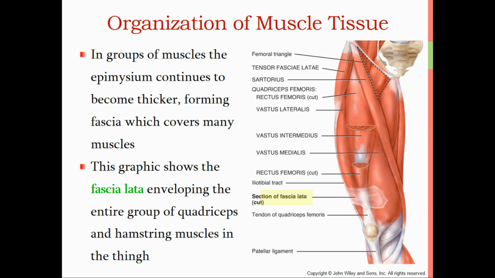And the four muscles that will make up your quads are your rectus femoris, your vastus medialis, vastus lateralis, and vastus intermedius. And they're right here, rectus femoris, vastus intermedius, medialis, and lateralis right there. And they will all be surrounded in a fascia that holds the whole muscle group together.